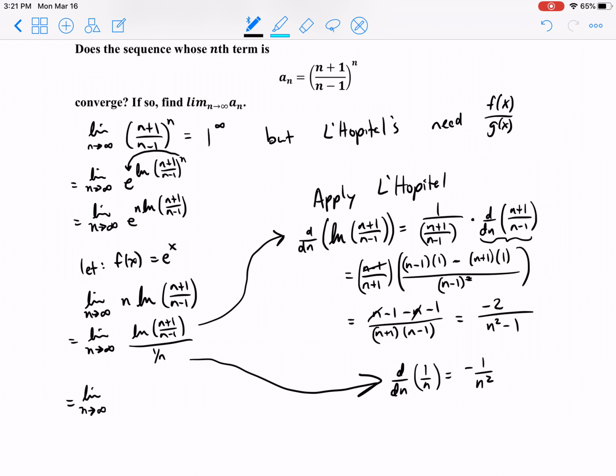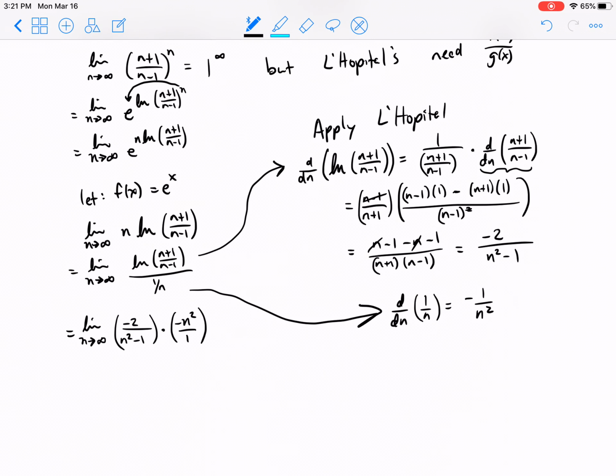Let's get negative 2 over n squared minus 1. And then instead of dividing by negative 1 over n squared, I'm going to multiply by the reciprocal. So negative n squared over 1 is the reciprocal of negative 1 over n squared.